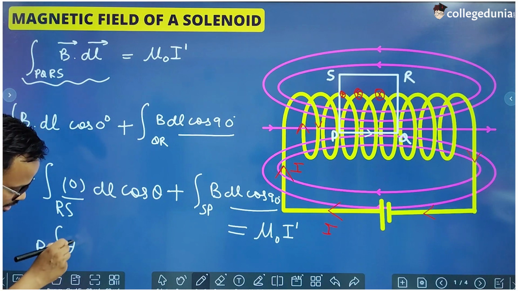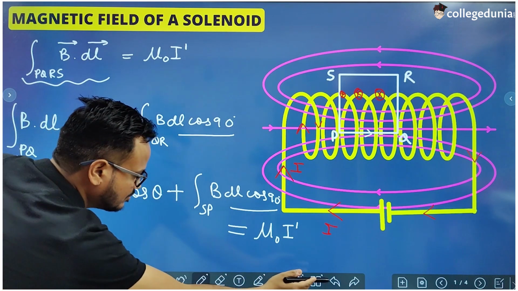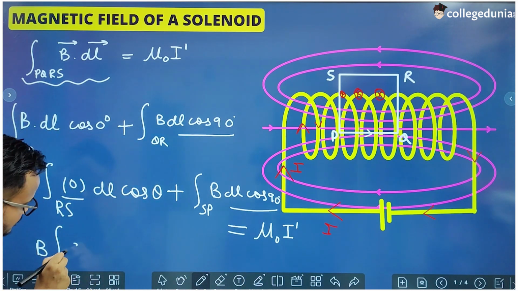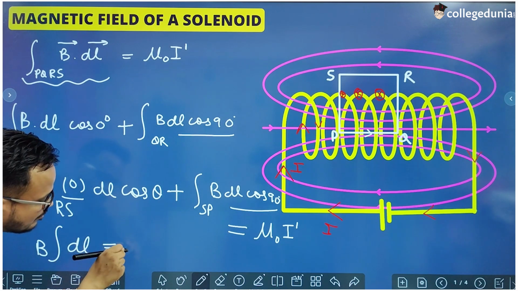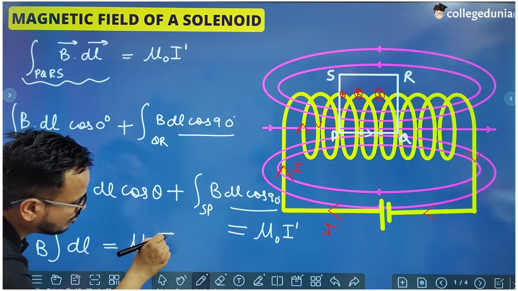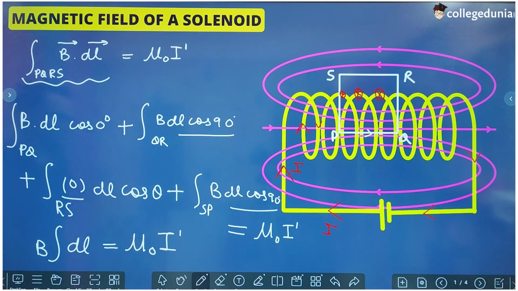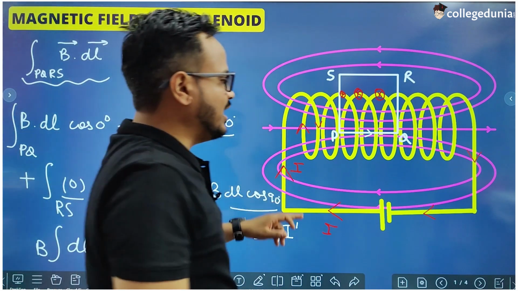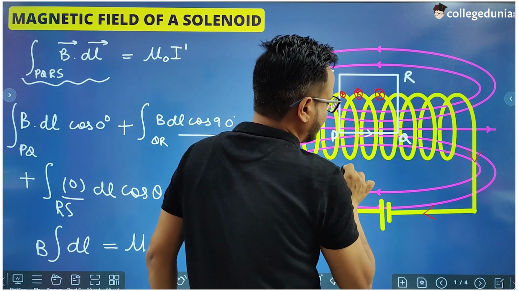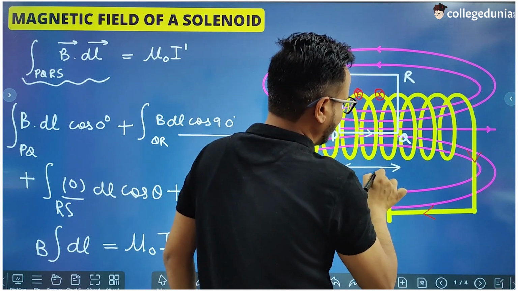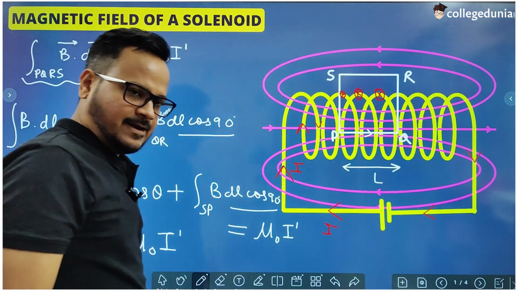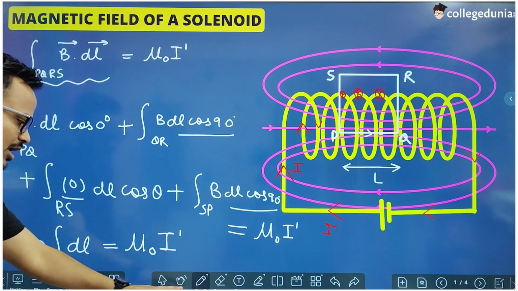So we are left with this. Now let us say the side length of this square is L, right? So what will be the integral of dl?